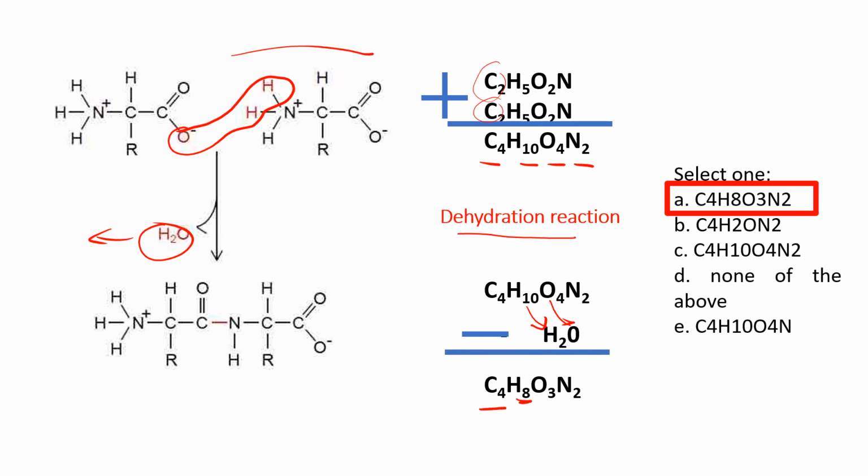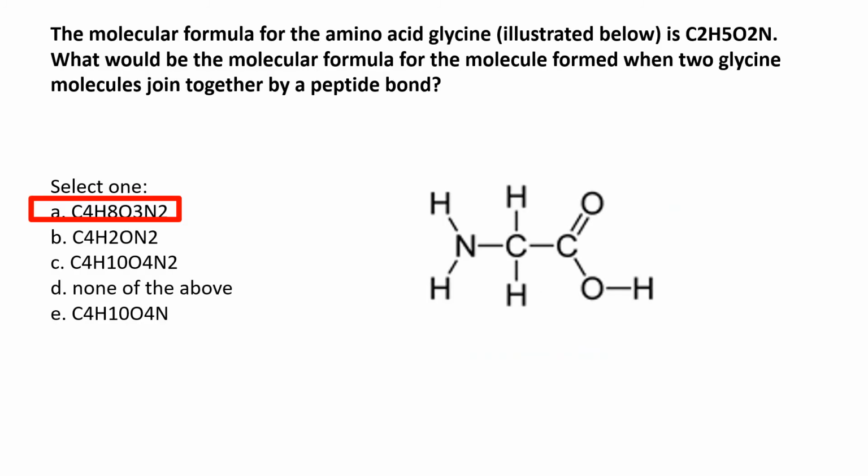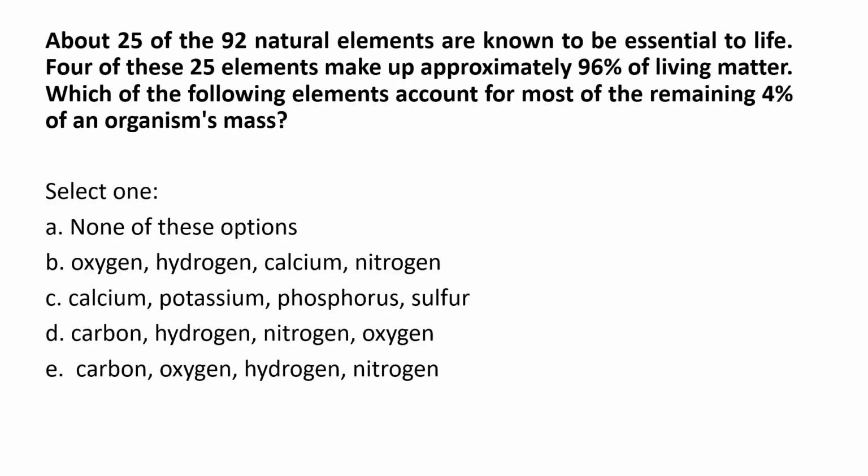And I have 1 less oxygen, so it will be 3, and nitrogen will be the same. So in this way, you can find that the answer was very easy. You just have to remember that there is something called a dehydration reaction, and in this case, it was very easy to answer. So again, this is the answer, and you can try to do it in multiple ways. I just like this one because it was very easy.